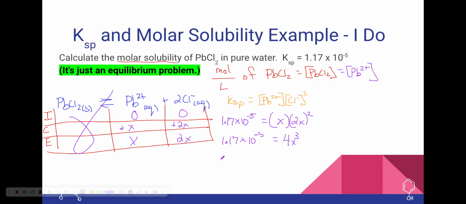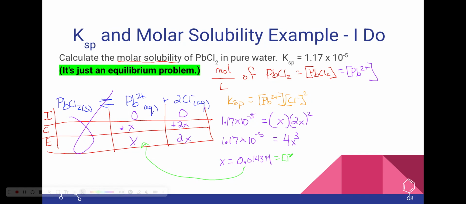Now solving for x, I'm going to divide both sides by 4, and then I'm going to take the cube root of both sides. And once I do that, guys, I'm going to get 0.0143 molar. And as a reminder, guys, this value is my concentration of lead.